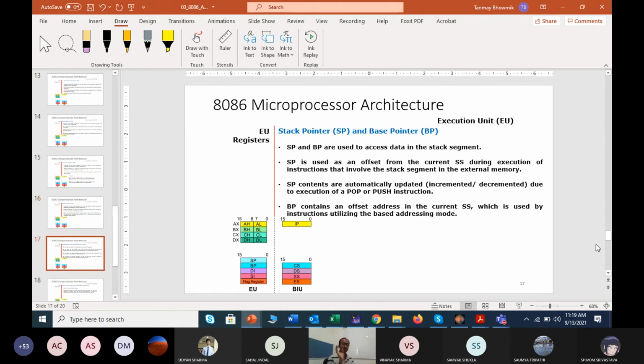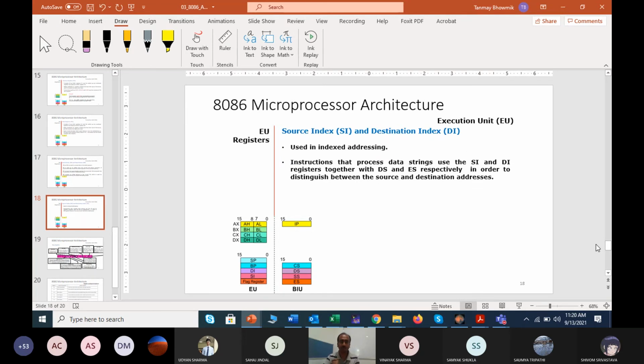Okay, you have used this in assembly in MIPS also. Then the next is the stack pointer and base pointer. As you observe, whenever you are using the stack segment register, obviously your stack pointer will be activated. Whenever you are using the data segment, we have already seen that the base pointer or base register serves the same purpose.